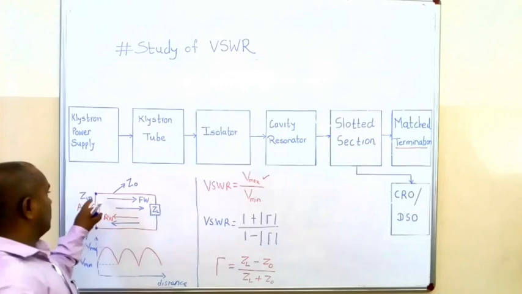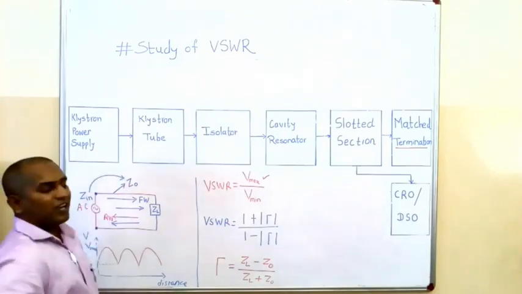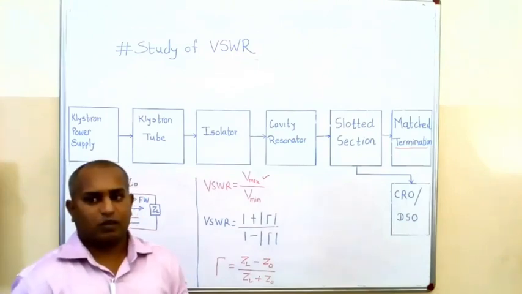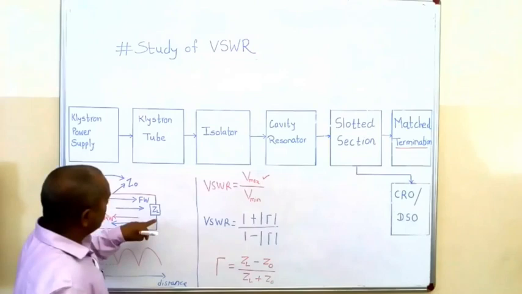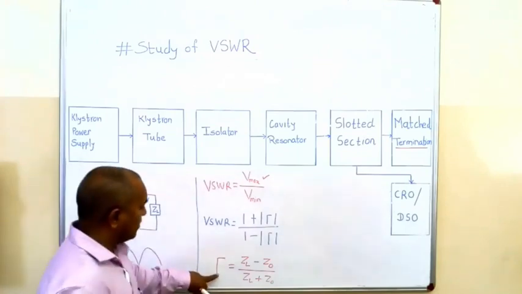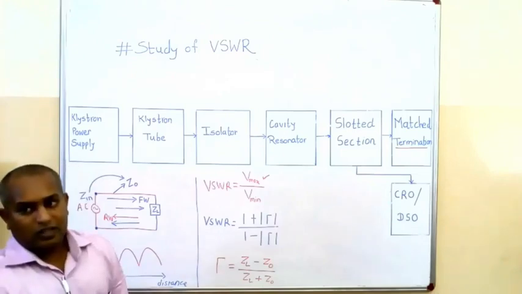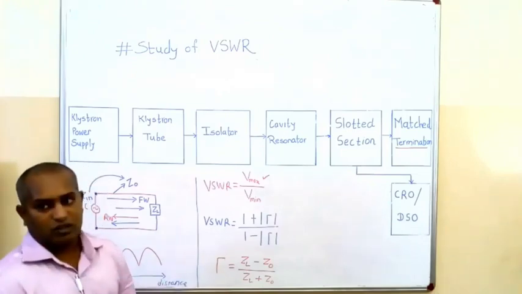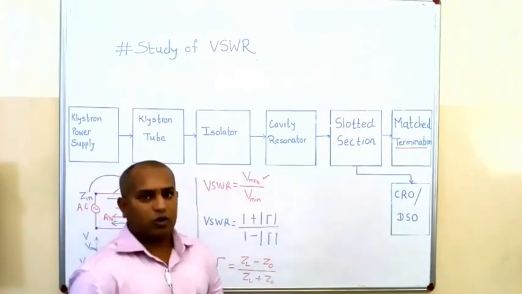When Zin and ZL are matched to each other, obviously there is no reflection. But if your ZO or Zin are not matched with ZL, that time you will get a reflection coefficient. So look here, what will be the case for the reflection coefficient and how to calculate VSWR.